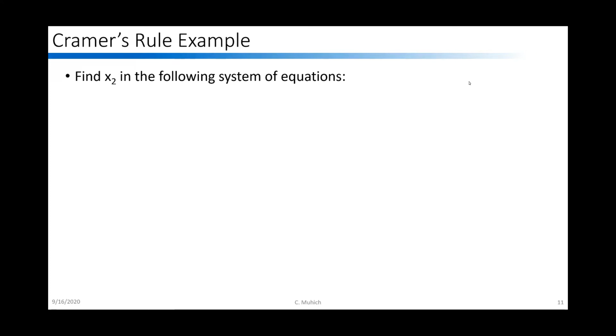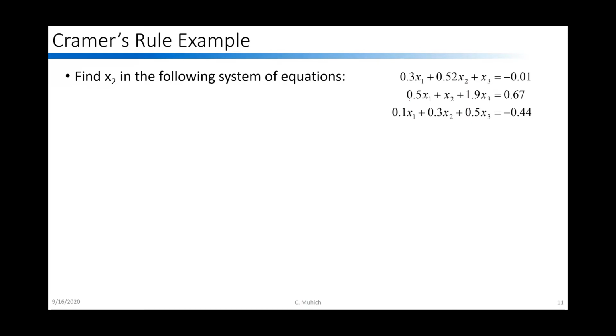Let's put this into practice and see how we can work this out. The first thing that we need is a series of linear equations. So I've written out 3 linear equations. The first one being 0.3x1 plus 0.52x2 plus x3 equals negative 0.01.